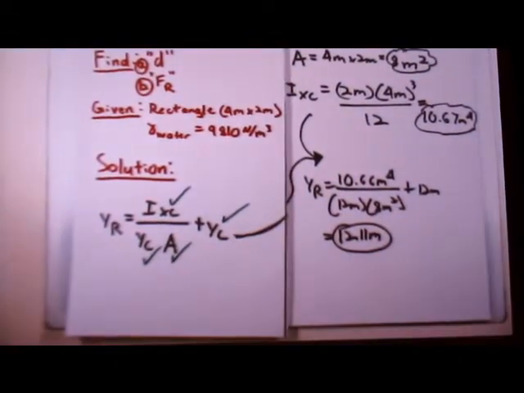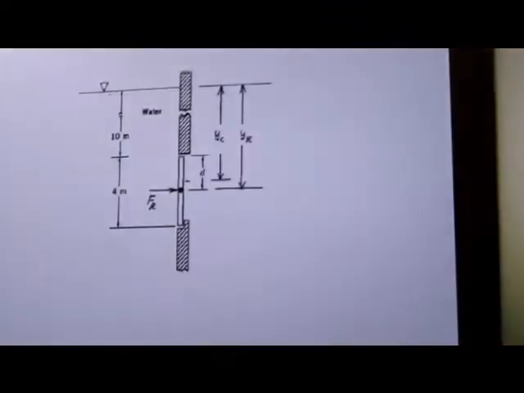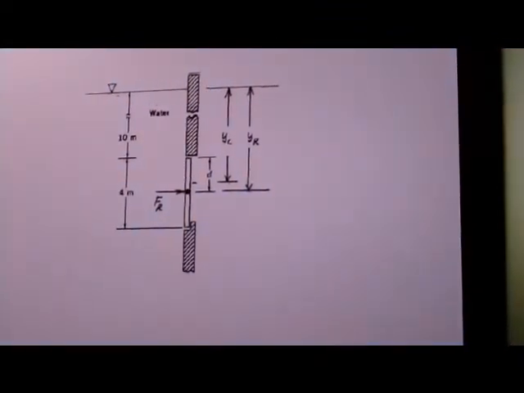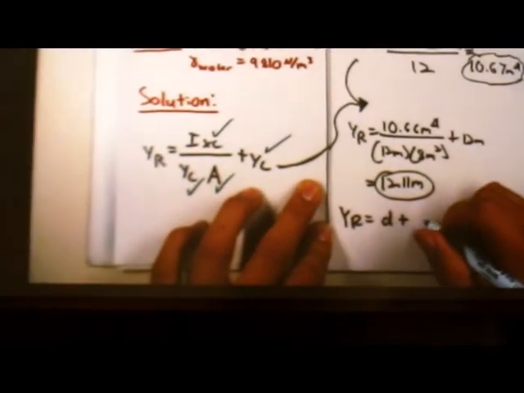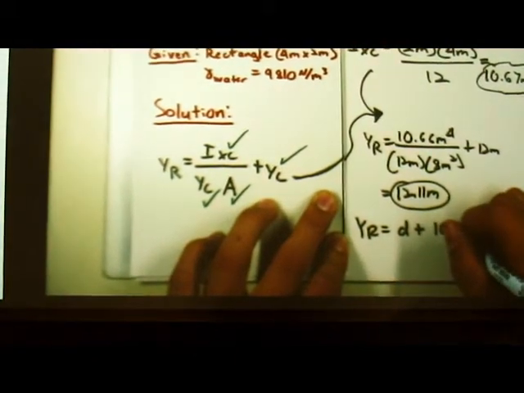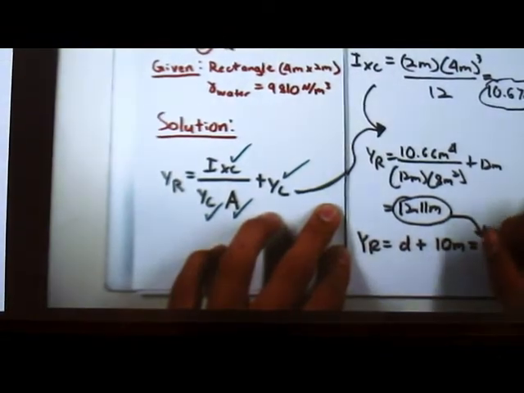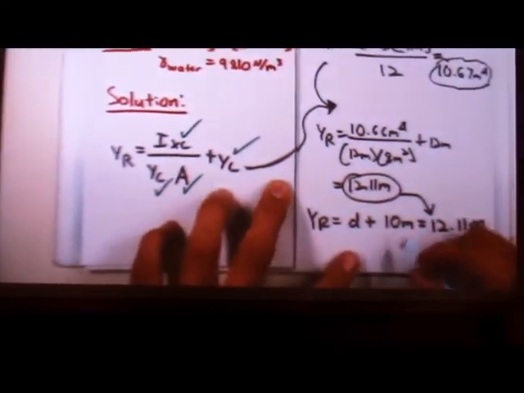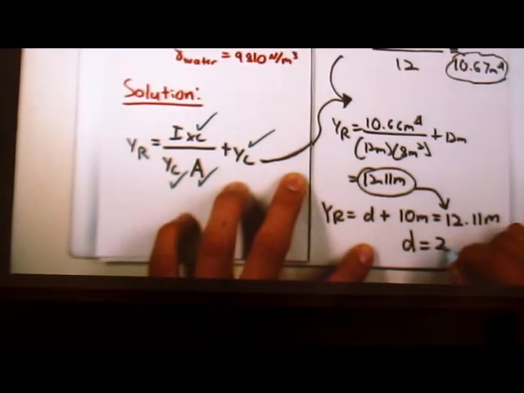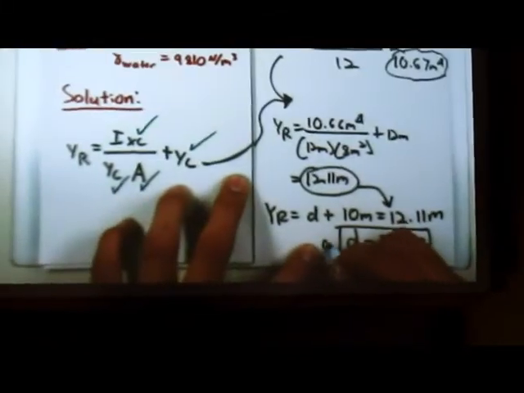That's what Y_R is. Now, what are we going to do with Y_R to find D? As you can see from the picture, Y_R equals D plus 10 meters, and Y_R, as we just found, is 12.11 meters. Simple algebra, subtracting 10, D is equal to 2.11 meters. So there's our answer to part A.